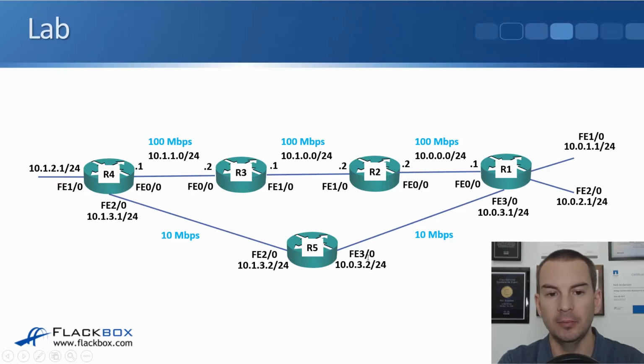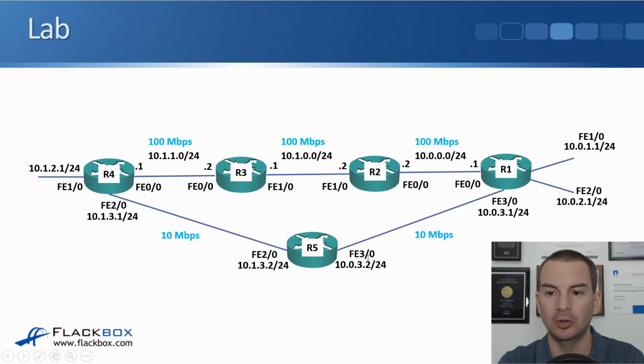So R3, because I enabled the routing protocol on all my routers, they will form adjacencies with each of their directly connected neighbors, and they will start sending updates to each other. Not just about their own directly connected routes, but about all the networks they've learned from the other routers as well.